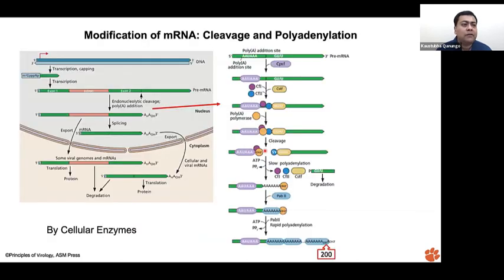All right. So after that, what we are looking at is the modification of the mRNA, and this is the cleavage and the polyadenylation of the mRNA. This happens in a very different way in some of the RNA viruses that we have seen, but in the eukaryotic system, as well as some of the viruses with DNA in their life cycle, first there are some very specific residues, an AAUAAA site, followed by some GU residues, where there will be an endonucleolytic cleavage.